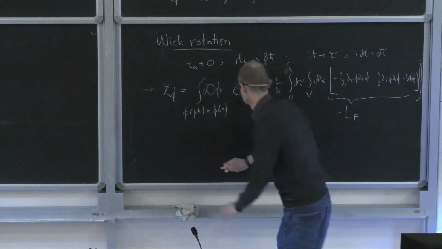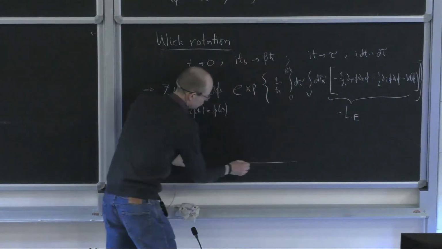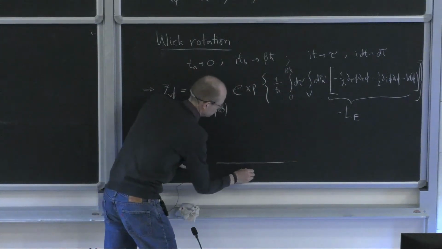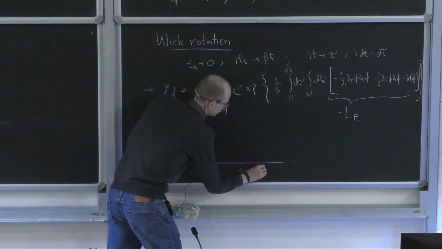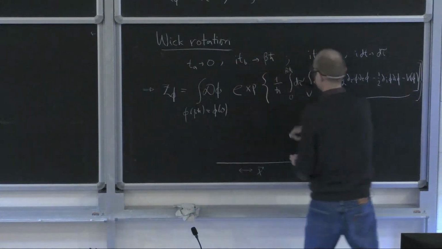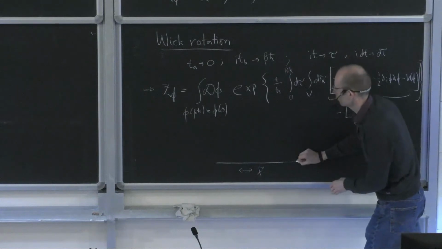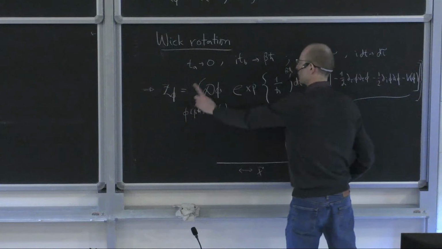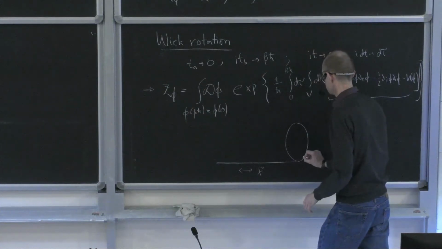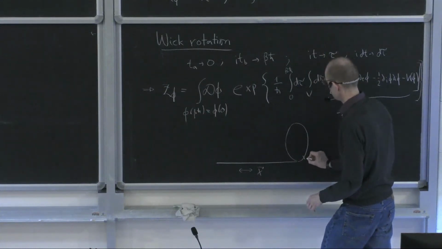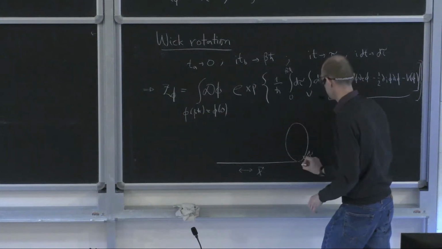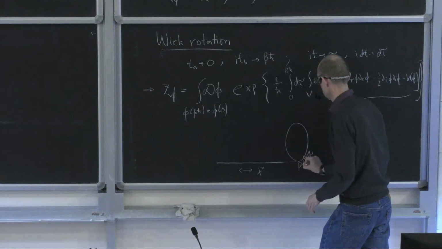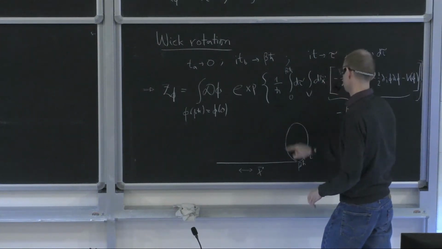Let me draw just one spatial direction. This is like x. But then the time direction is compact. So actually we can draw it as a circle, because after all we always come back. So we can measure time from, let's say, here onwards, but then we come back to beta h bar. That's the circumference of this circle.